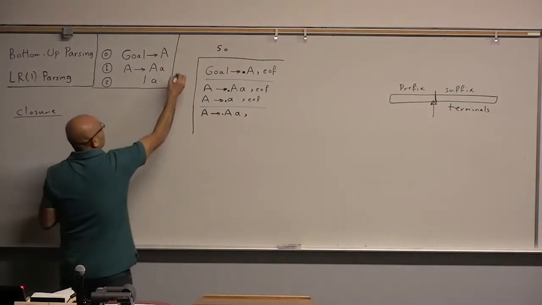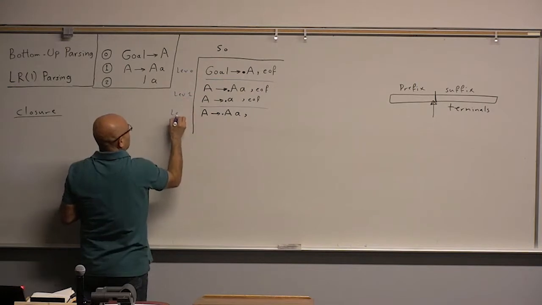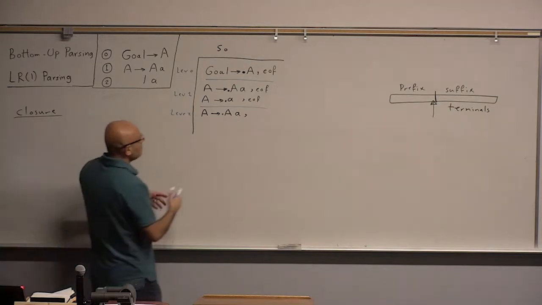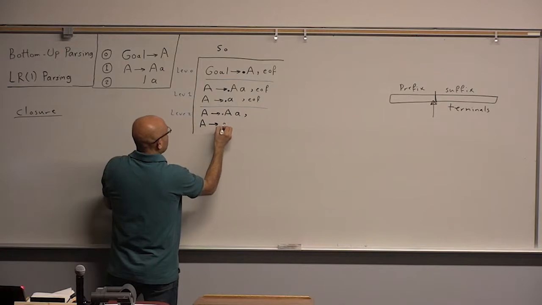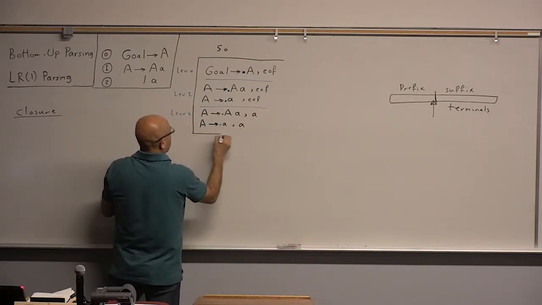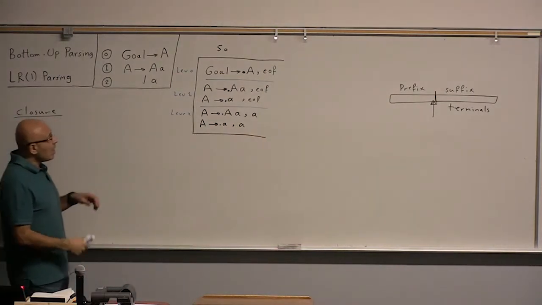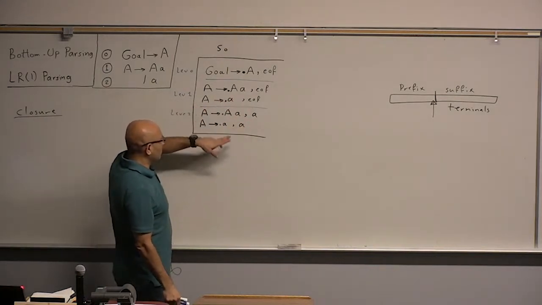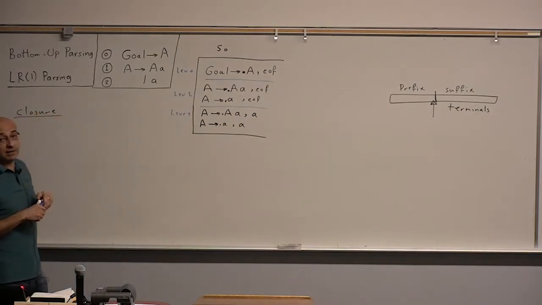So this is basically level 0, this is level 1, this is level 2. At level 2, this A will come from an AA, or it may come from an A, but it should be followed by an A. So why are we doing this? Because what comes after an A may be an end of file, or it could be an A, depending on the level at which we are making the reduction.